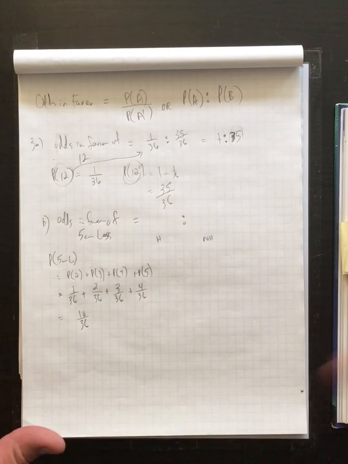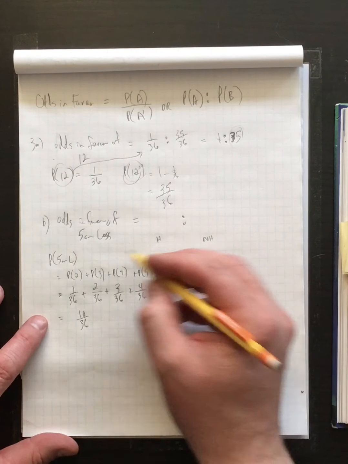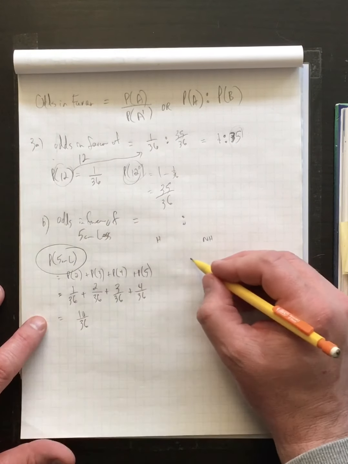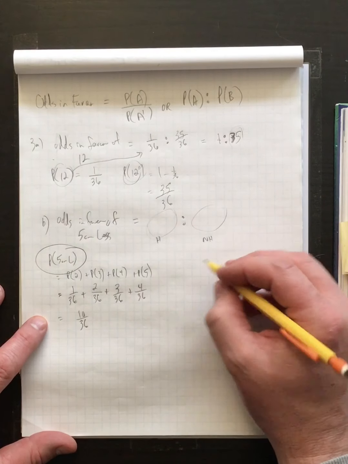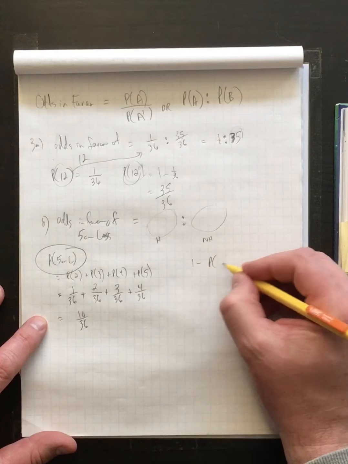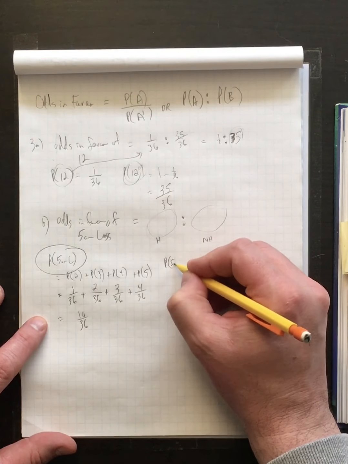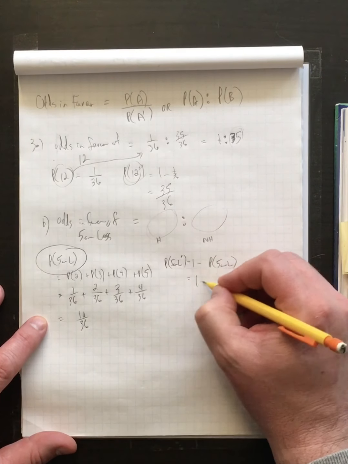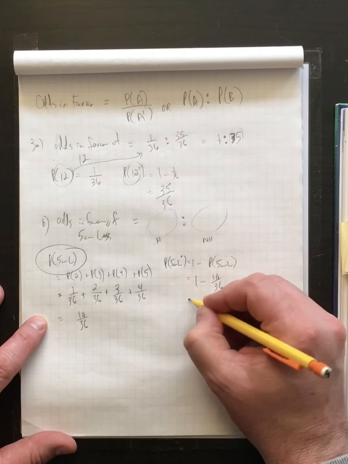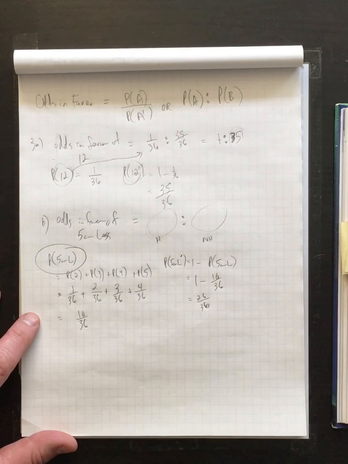I'm not going to reduce it yet. I can reduce it later on, but sometimes it's a good idea to leave them as they are. That's the probability of 5 or less, and of course I need to find the complement too. The probability of it not happening is going to be 1 minus the probability of 5 or less, the probability of 5 or less primed, the complement. 1 minus 10 out of 36, not too difficult to do, is 26 out of 36, what's left over from the 36.